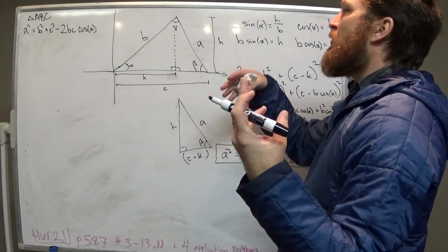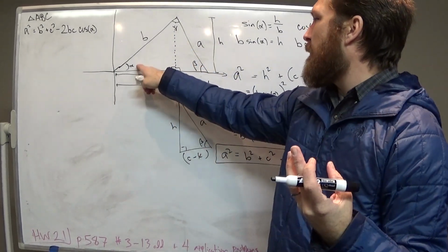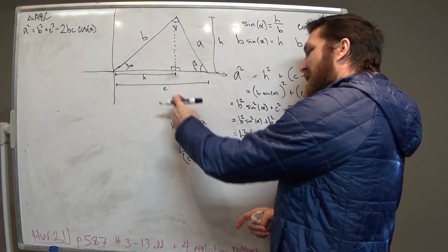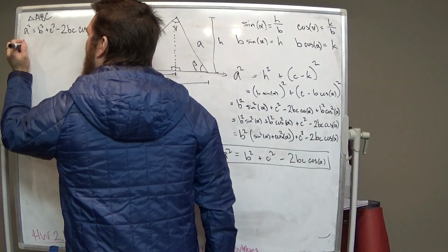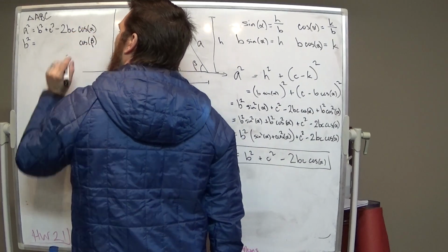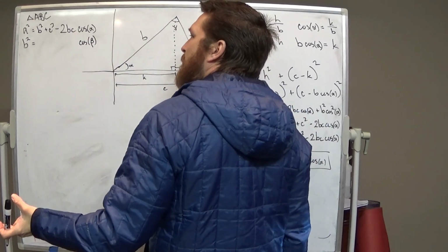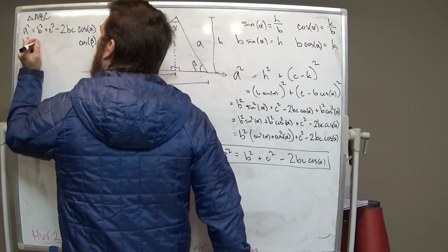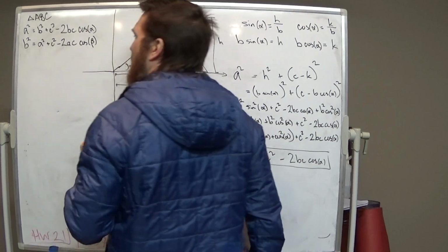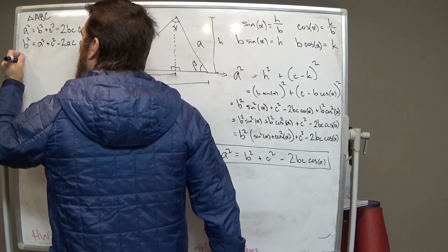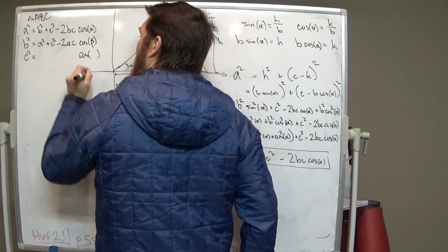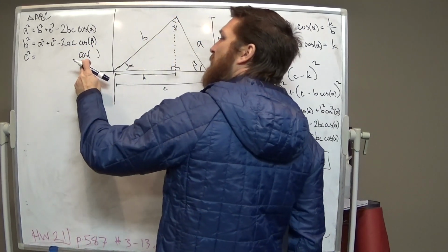We don't have to do it with each of these, but let's reason. If we had started with beta in this place, then b would have been the opposite side. That's the length that we would have had here. So it would have been b squared equals some stuff with cosine beta, and then what would the other bits be? a squared plus c squared minus 2ac. And finally, if c squared were the thing we wanted, then it would be cosine of what angle?